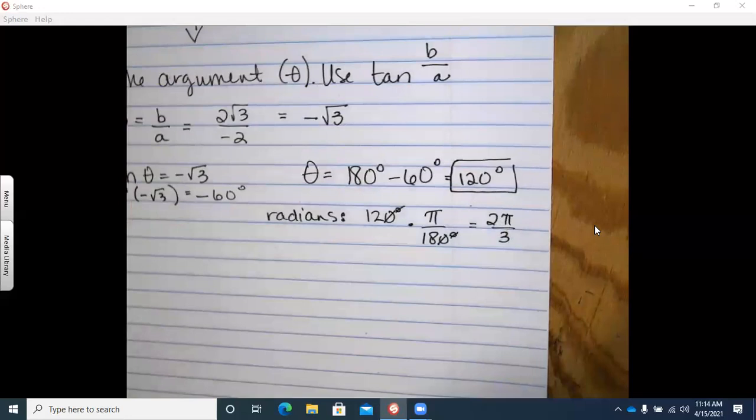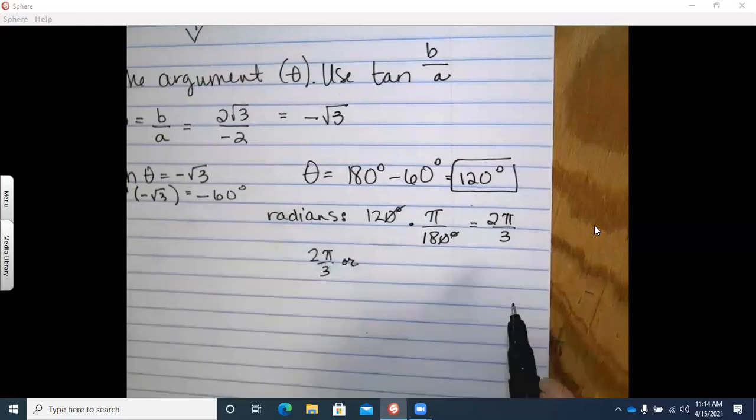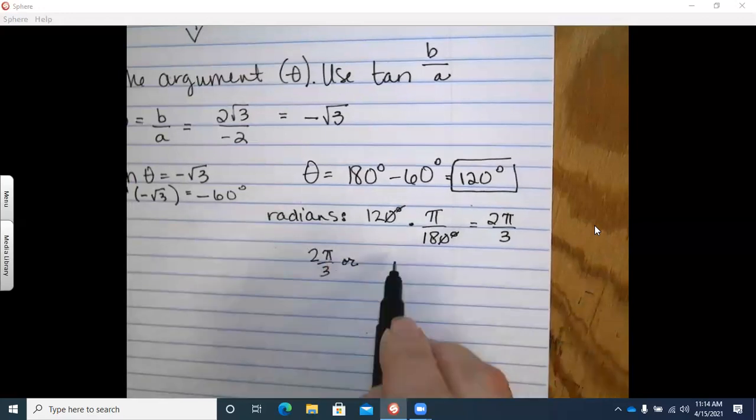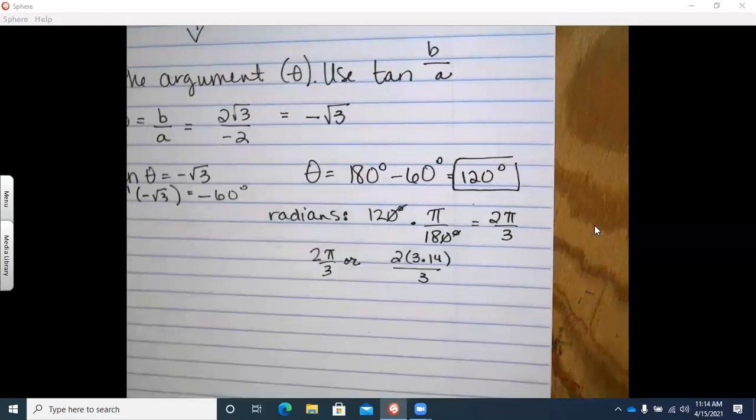We could leave it like that, or since it's in radians, it's either 2 pi over 3, or if I want to write it as a decimal, what do I do, 2 times 180 or 2 times 3.14? If I want to convert it to decimal form, but still in radians, I would multiply by 3.14 because that's what pi is in radians, right?